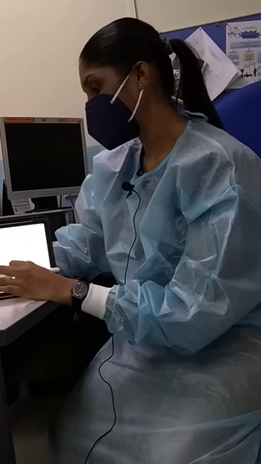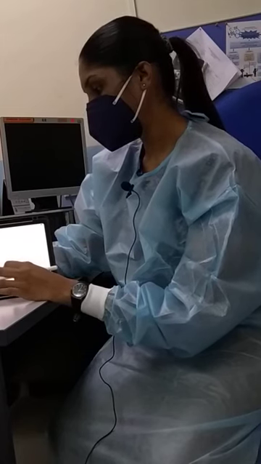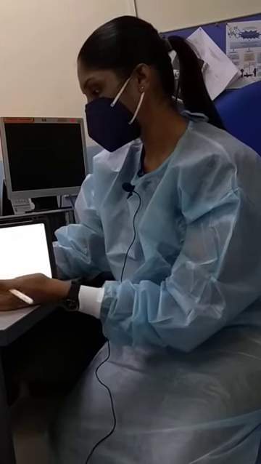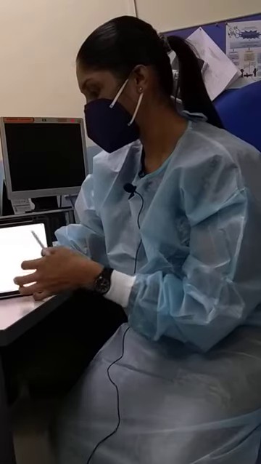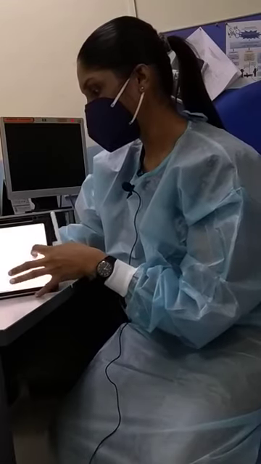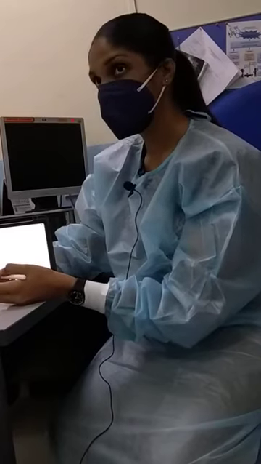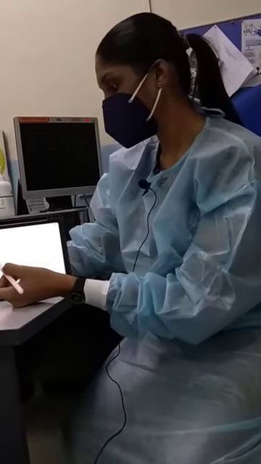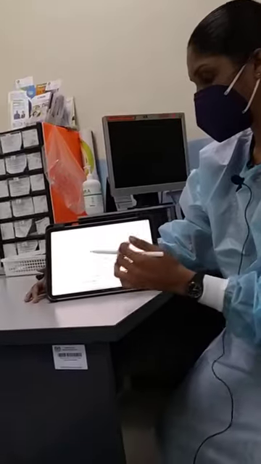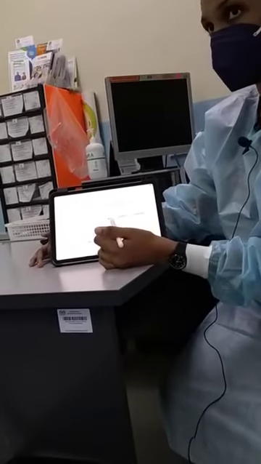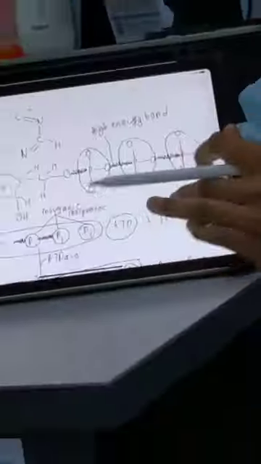Followed by others. So the next one is storing energy, high energy phosphate. This one is adenine and this is ribose. Why I explain this is because I want you to know how ATP goes to ADP.